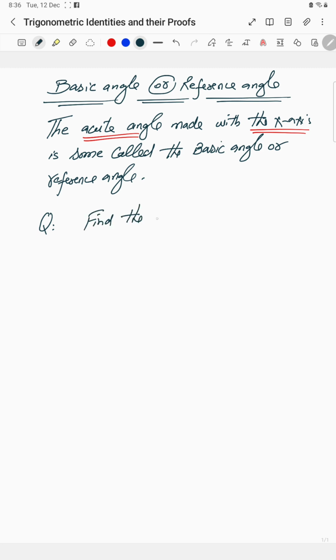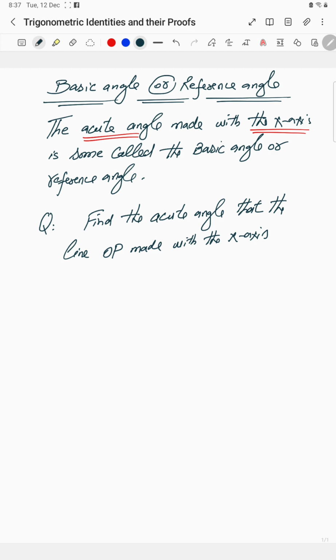Find the acute angle that the line, for example OP, made with the x-axis. Like here we are given 120 degrees. We need to find the acute angle.